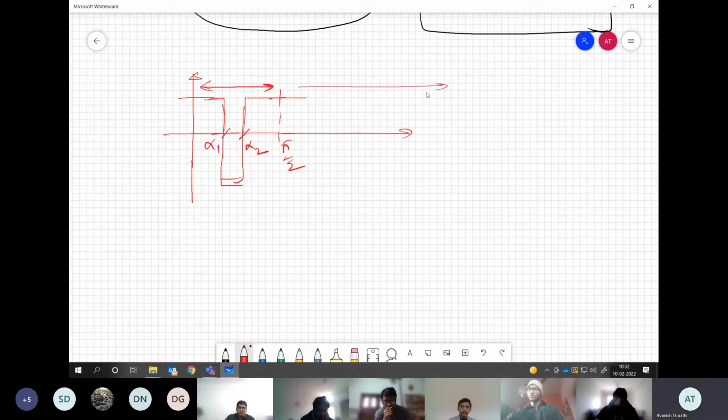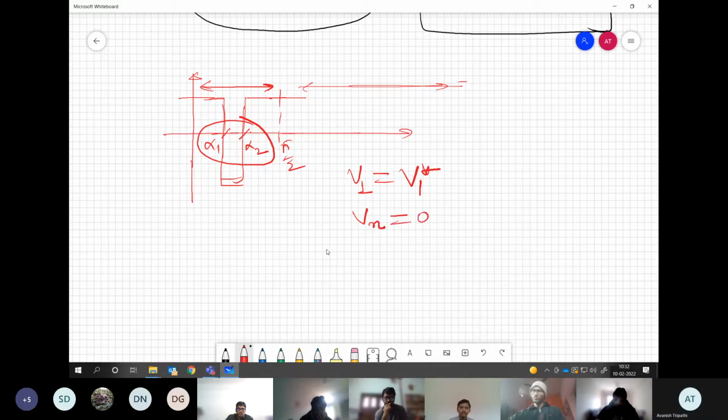Because any other switching angle is dependent on this due to symmetry and other conditions imposed. So these are actually not independent of alpha 1, alpha 2. But when you have two independent switching angles, you have the flexibility that you can maintain, let us say, fundamental at certain value and eliminate any one harmonic. You understand my point?